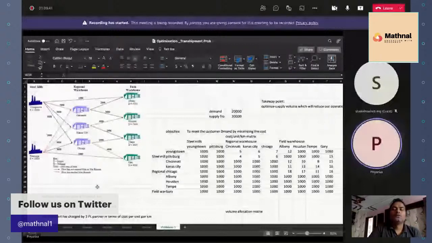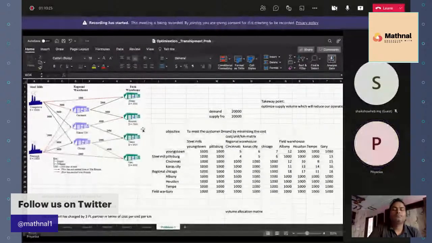No. So what will be the dispatch volume in the constraint box for these 4 field warehouses?